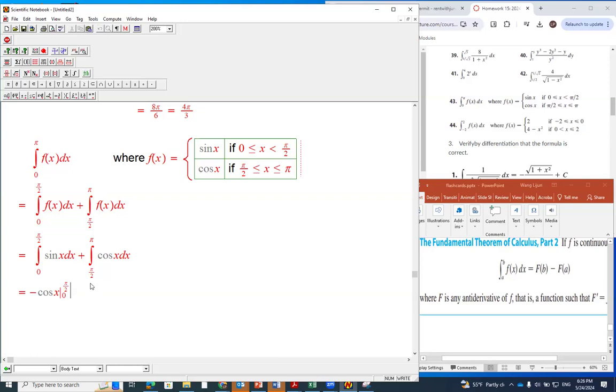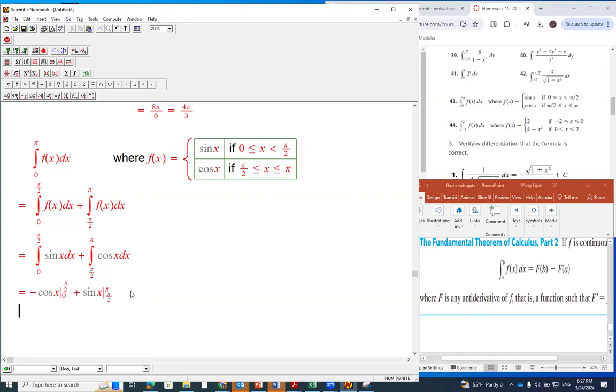Plus the antiderivative of cosine is sine, evaluated at pi over 2 to pi.